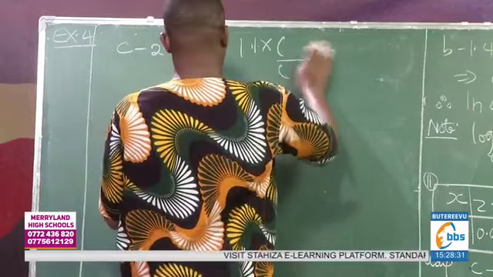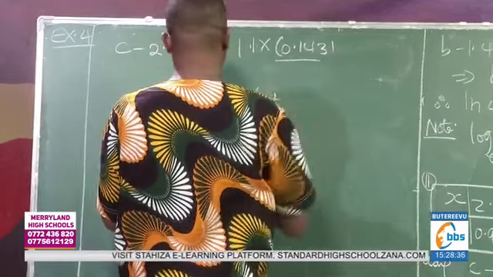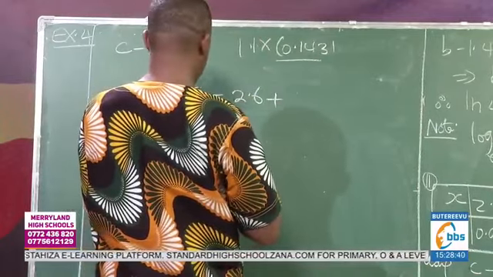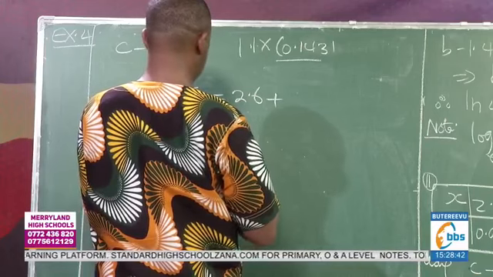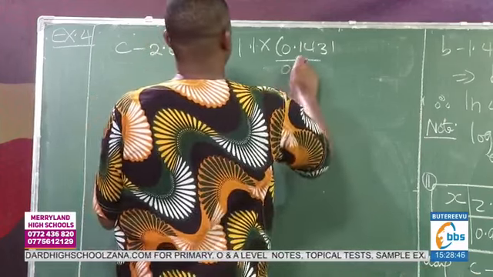What you get here is 0.1431 over 0.3528.